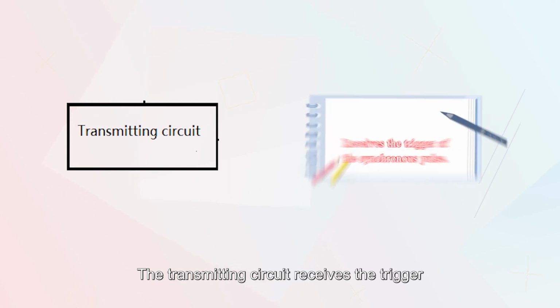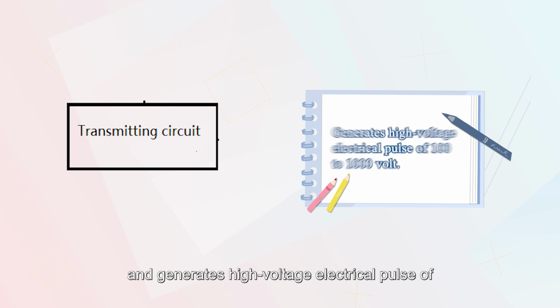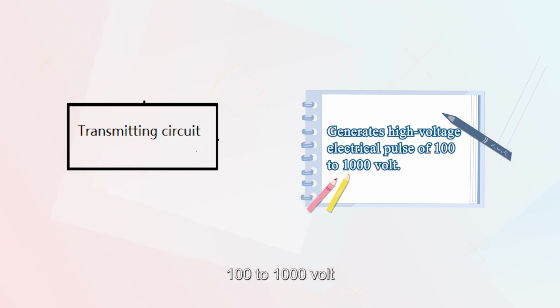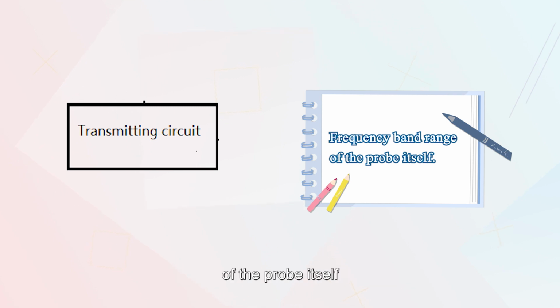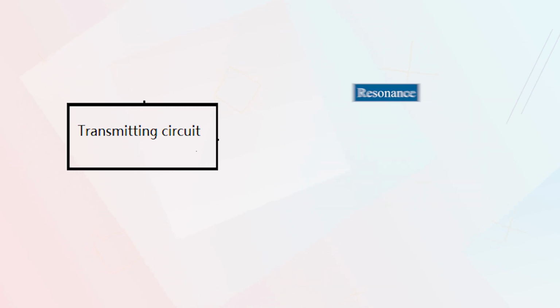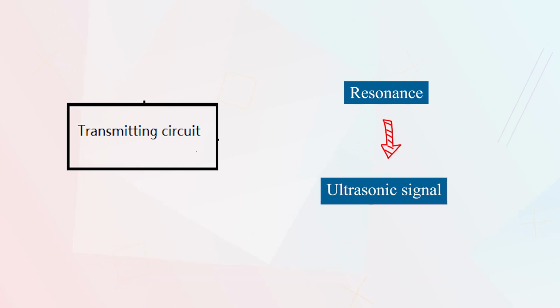The transmitting circuit receives the trigger of the synchronous pulse and generates a high voltage electrical pulse of 100 to 1000 volts, usually no more than 400 volts. It is usually required that the frequency band range of the transmitted pulse should include the frequency band range of the probe itself, and use resonance to generate the ultrasonic signal.